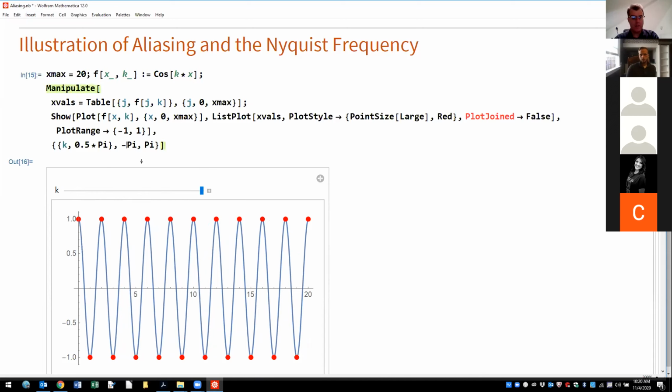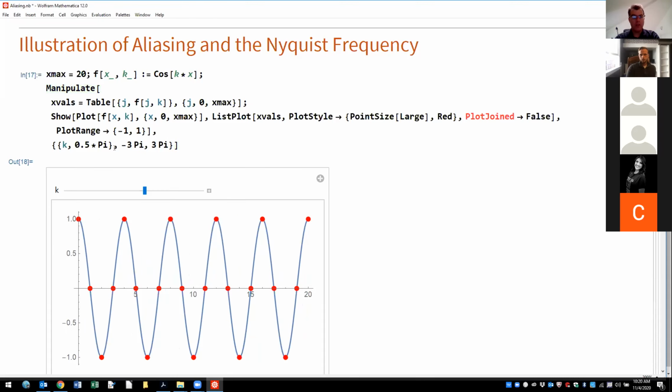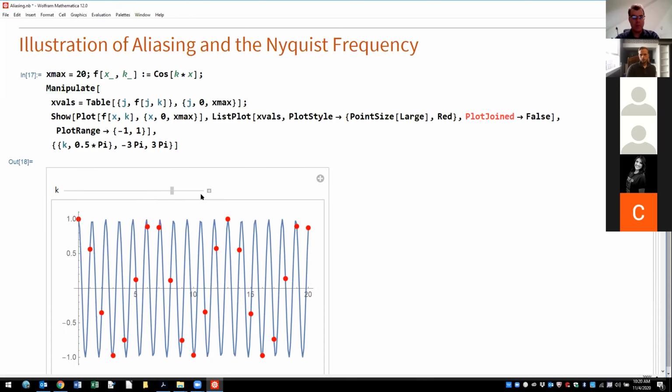We've got something that looks like this. It's up, down, up, down, up, down, up, down. The underlying oscillation in blue is more complicated. But I've got something that I sampled once per second, and it's just up, down, up, down. Now, I'm going to add 2 pi to the frequency of the thing that I'm sampling.